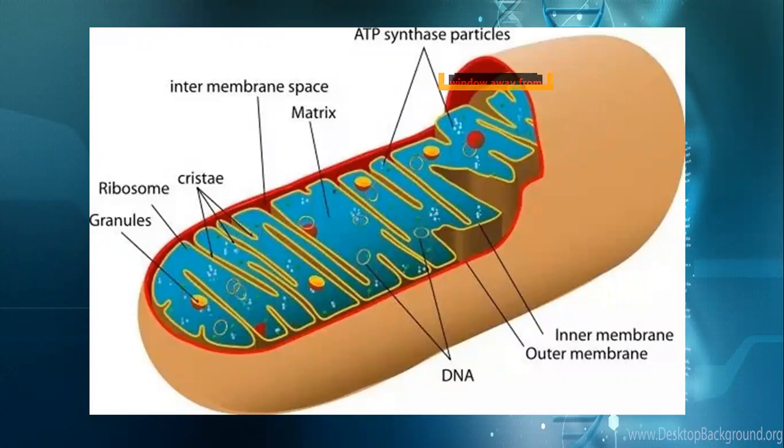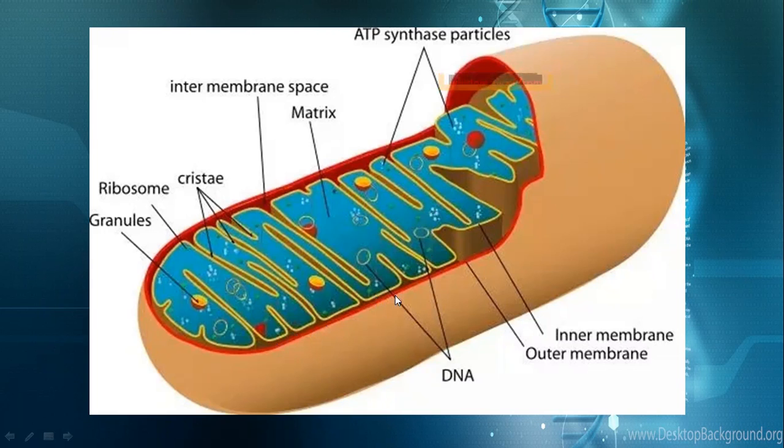Mitochondria are special organelles which produce ATP energy. The main components shown here: first, ATP synthase particles, they are colored blue. Next, the inner membrane is brown. The outer membrane is red.